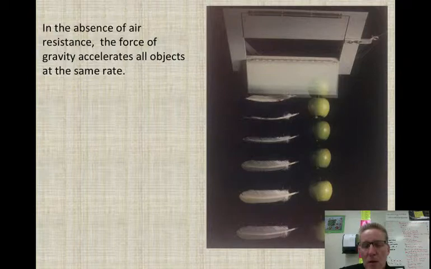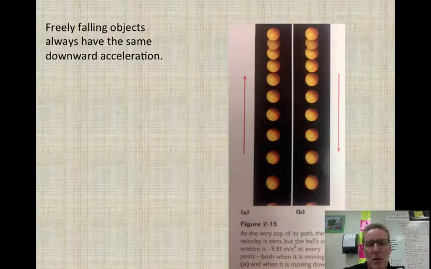The first apple and the first feather were both taken at the same time, and then one part of a second later, the same amount of time takes place between each set of images. You notice that they fall at the same rate, and the space in between is getting bigger and bigger, which tells us that they are going faster and faster as time goes by.